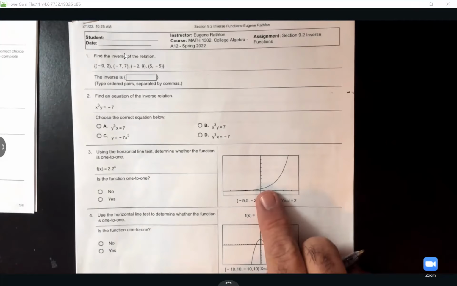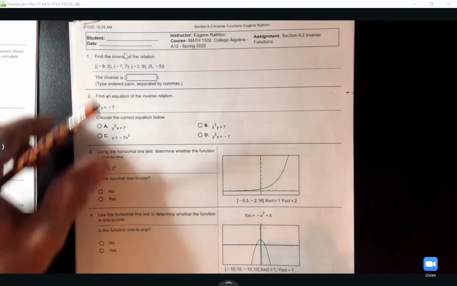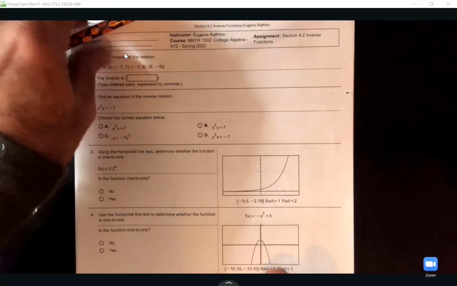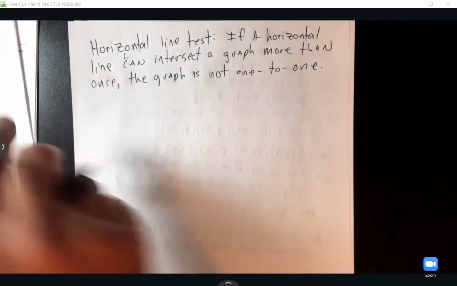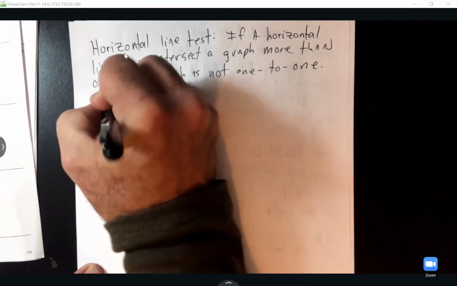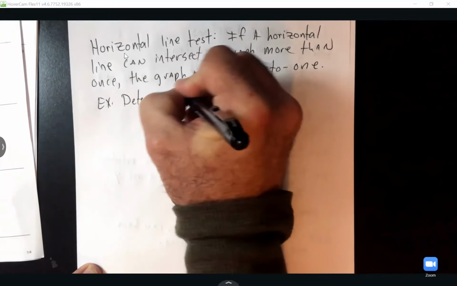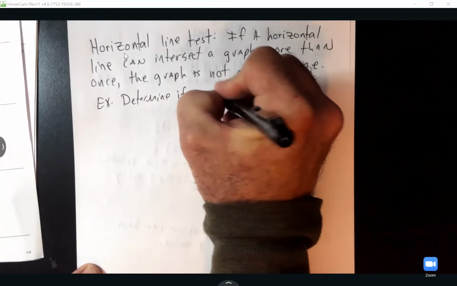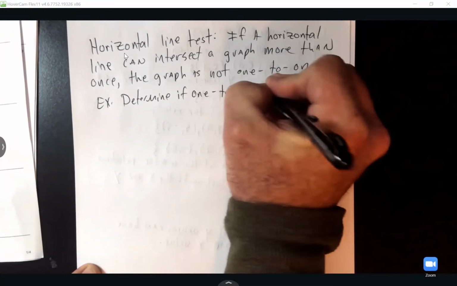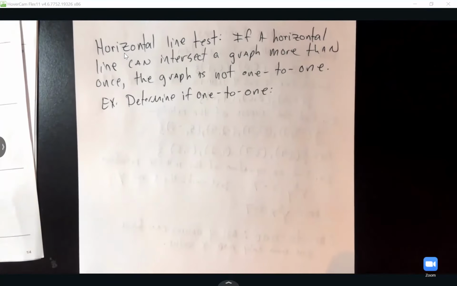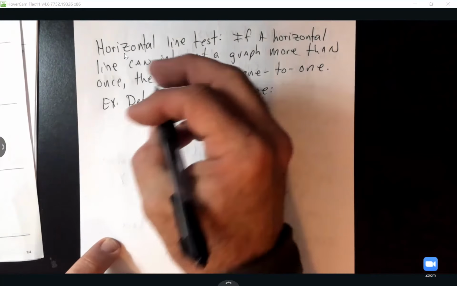So this graph right here, we're going to determine if that's one-to-one. So let me draw that on my page here. Determine if one-to-one. Because y'all, what's going to happen, if our function is one-to-one, then that means we'll be able to find an inverse function. And I'll show y'all how to do that in just a second.